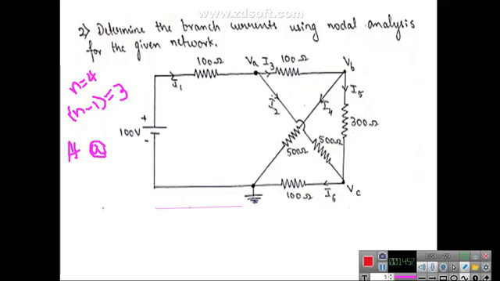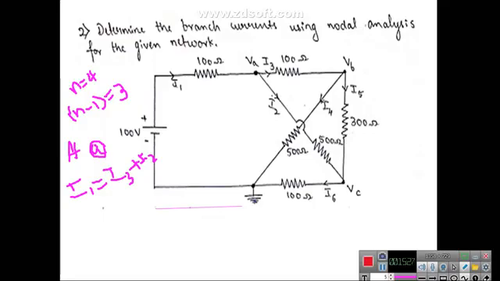So I can write I1 is equal to I3 plus I2. Once you write the KCL at this node, likewise you can write the KCL equation for node B as well as node C.